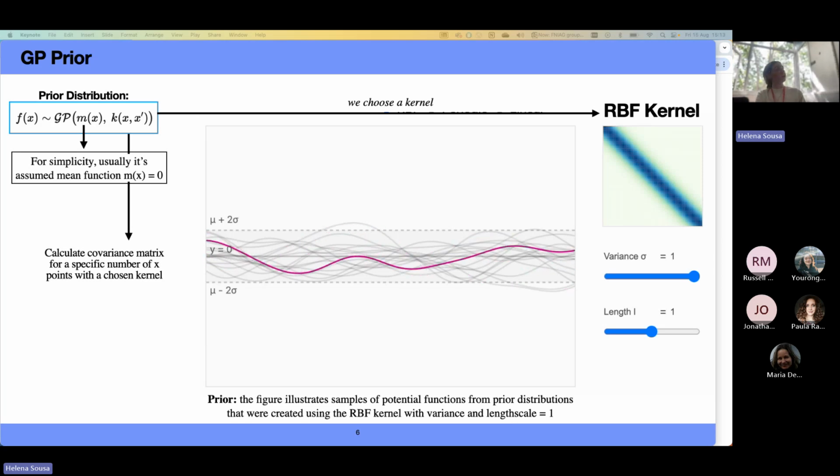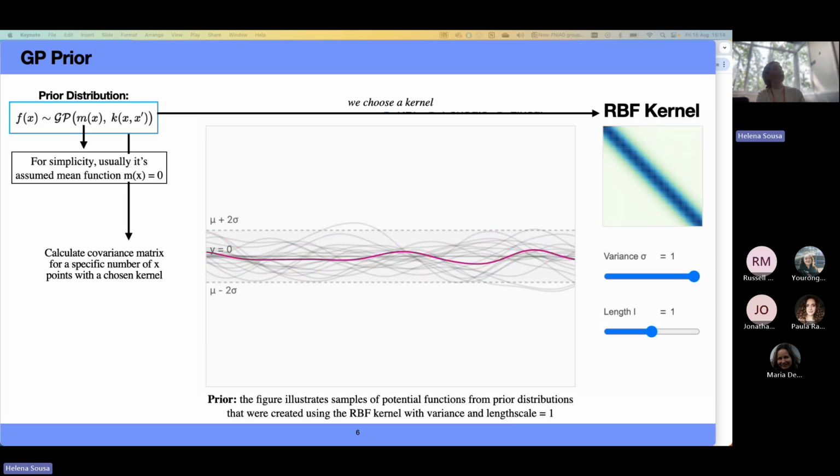Once we choose a kernel and this mean, we can sample from this prior joint distribution at any set of input points. Each example that you see here is a vector of function values that follows this multivariate Gaussian, which is defined, like I said, by the kernel that we choose.